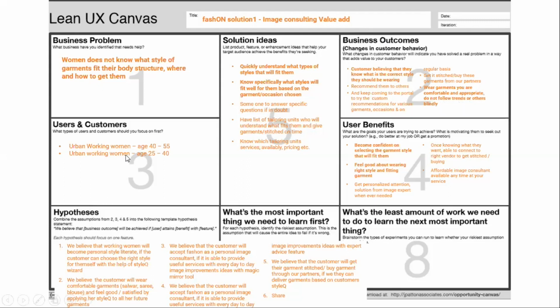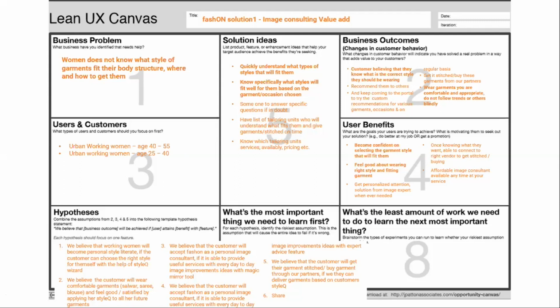Once you've identified these expected business outcomes, we move on to the users and customers. So who are the users you have identified? Developing personas is something we will cover briefly as well.